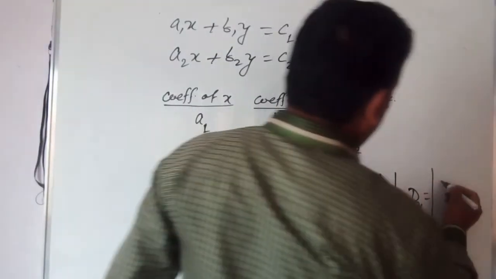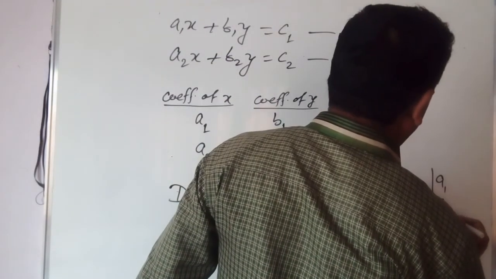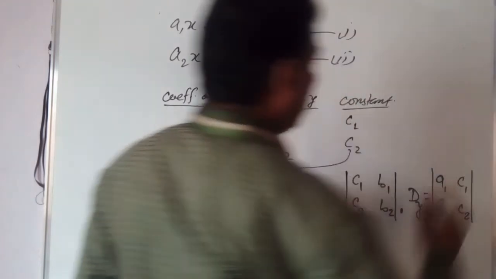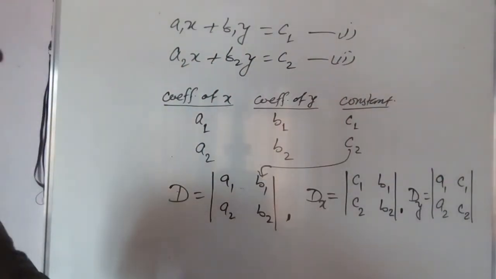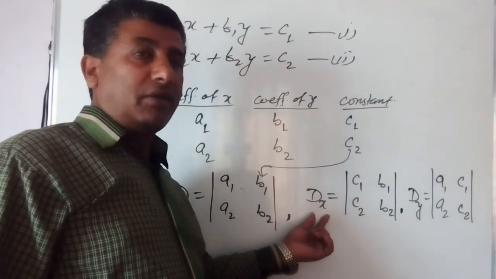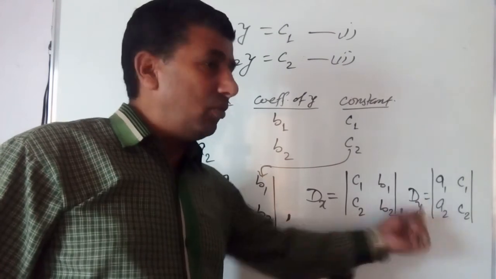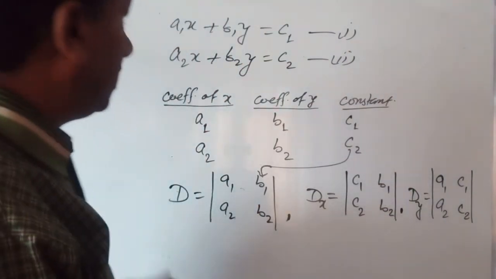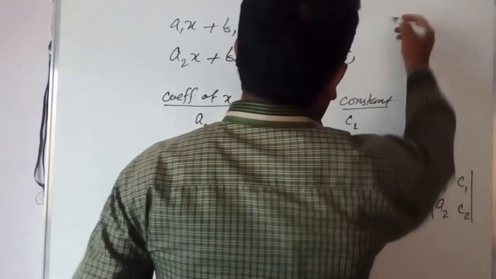Okay, a1 a2 c1 c2. Now these are the matrices for D, for x, for y.